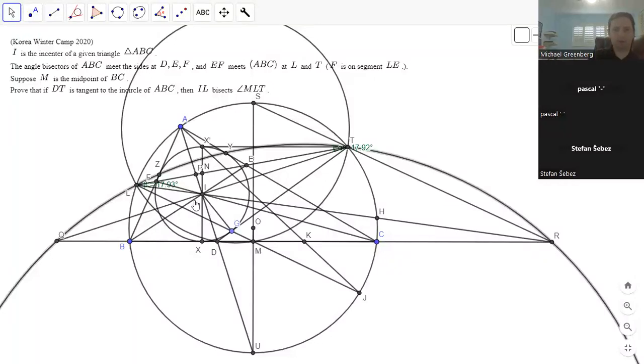I wonder if, let's say maybe QT is perpendicular to AU.